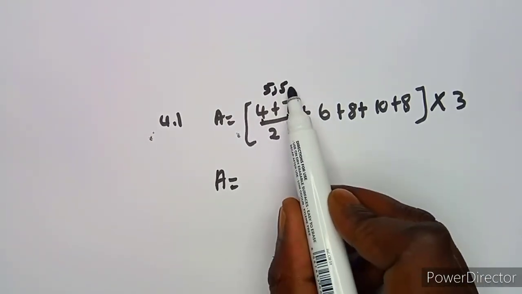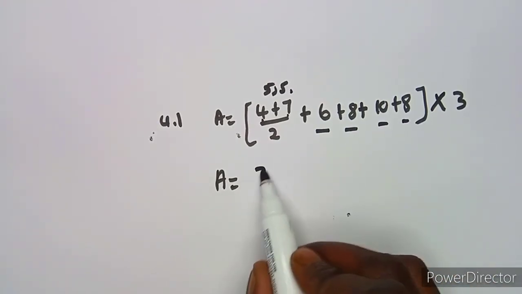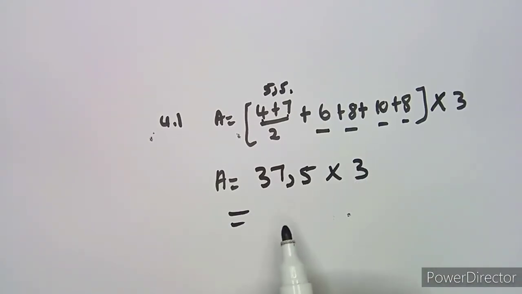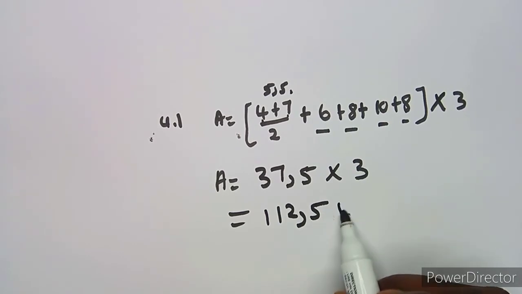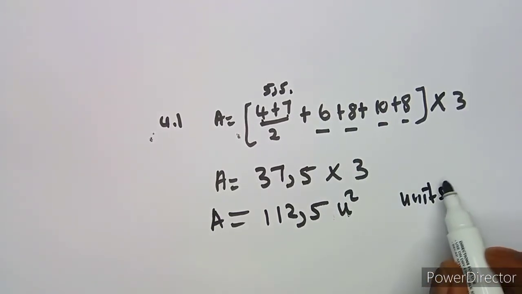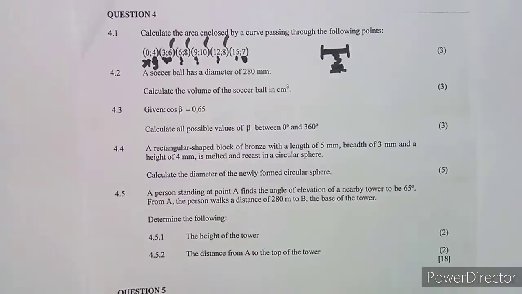Then you add everything, 5,5 plus 6 plus 8 plus 10 plus 8, which is going to give you 37,5, times 3. So that's your area. If you multiply this, it's going to be 112,5, which is measured in square units. So you can write this as square units like this, or just in short as units squared like that. So that is your area.